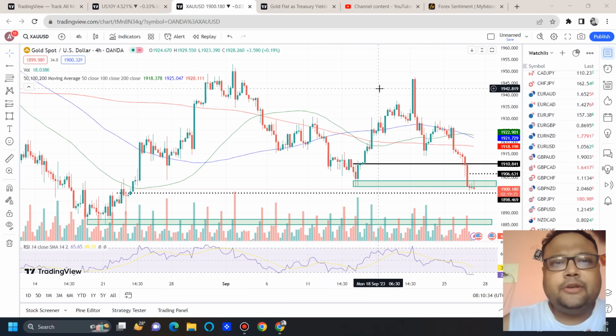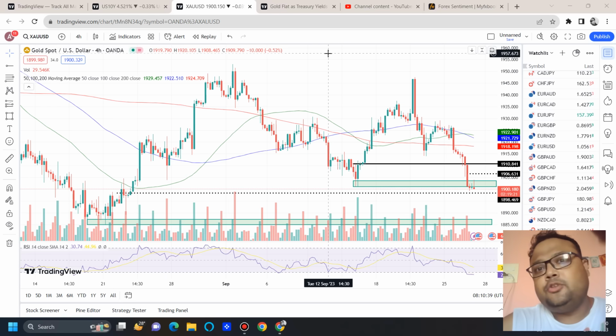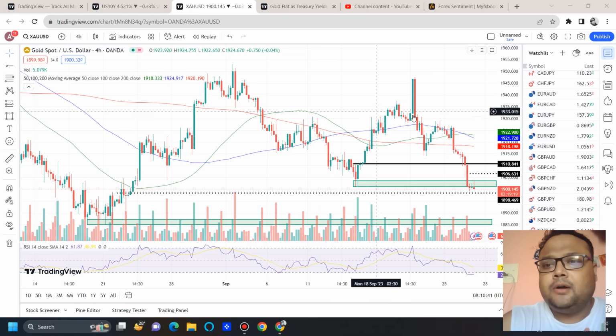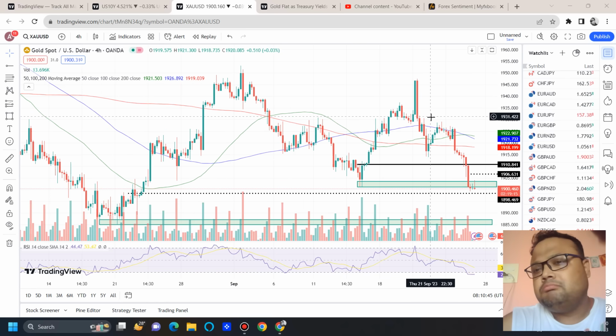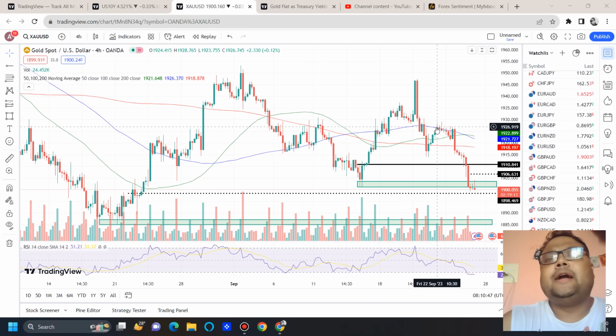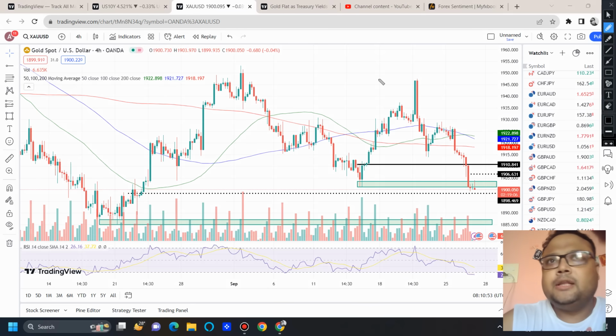So these are the only trading opportunities that I see on the chart of gold right now, and you also need to be careful if you have a buy, because right now the market sentiment is pushing gold towards the downside, and we don't have any news that will bring a trend reversal. You may think that tomorrow we have news, day after tomorrow we have news, but not all news have the strength or potential to change the direction of the market.